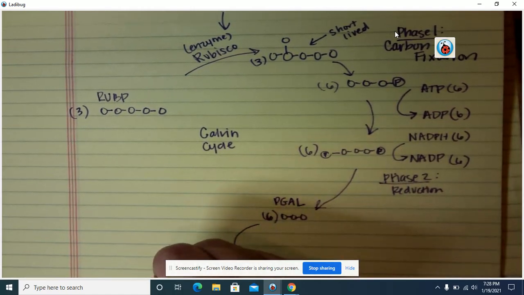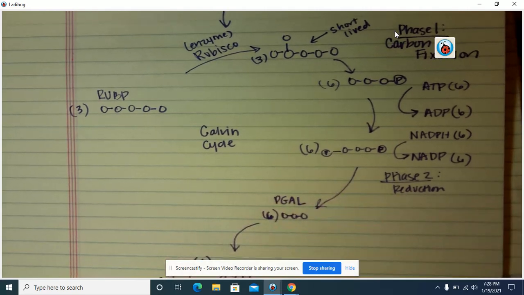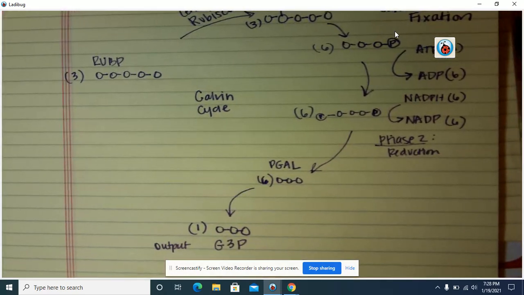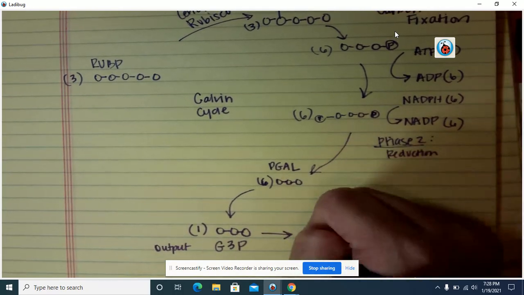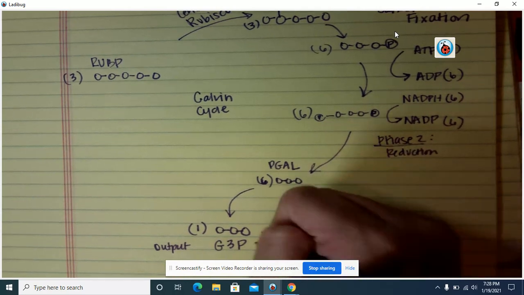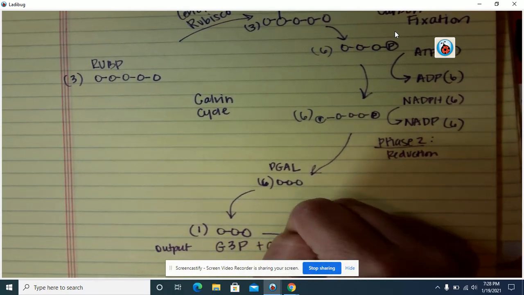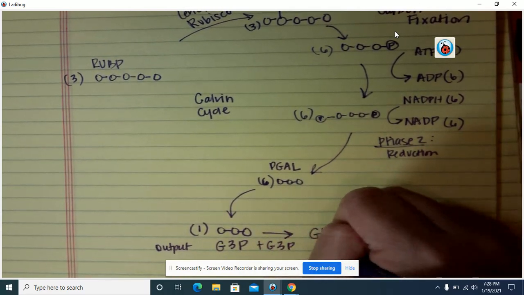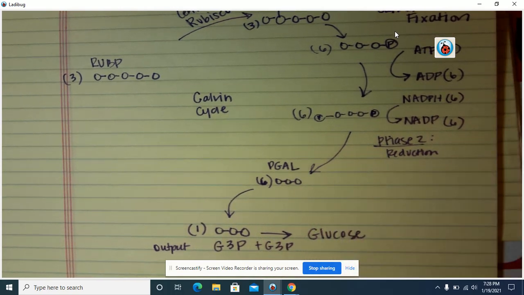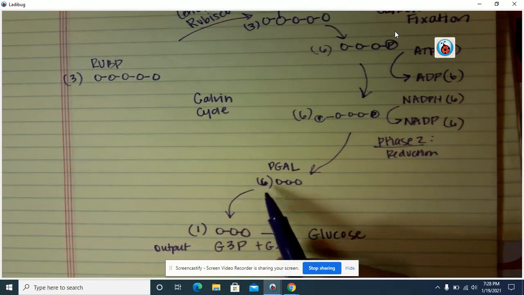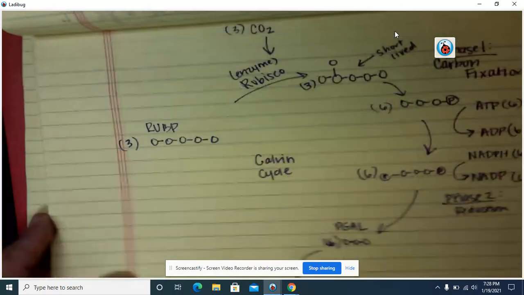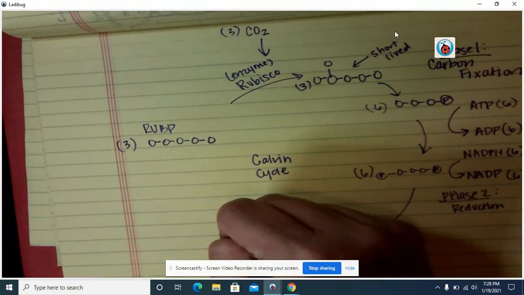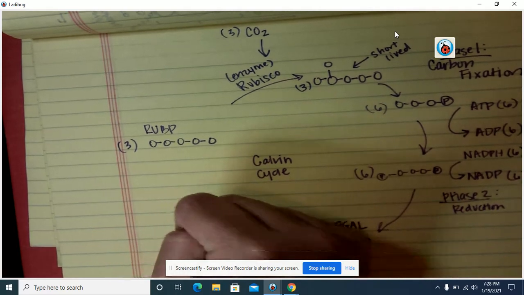And this is really the output of the Calvin cycle, okay? And G3P is ultimately going to combine with another G3P to make glucose. So that is where that glucose is going to come from. So one of these was able to break free, but that leaves us with 5 PGALs.